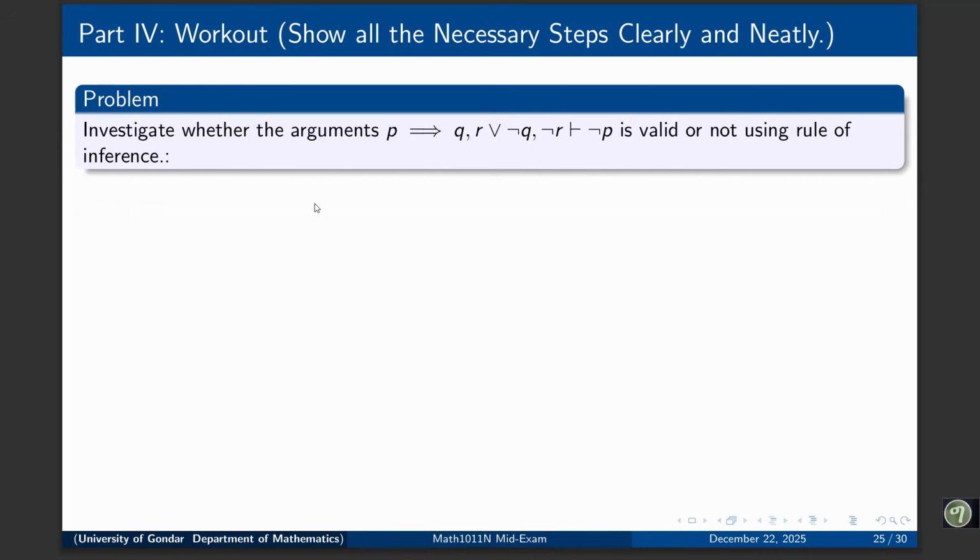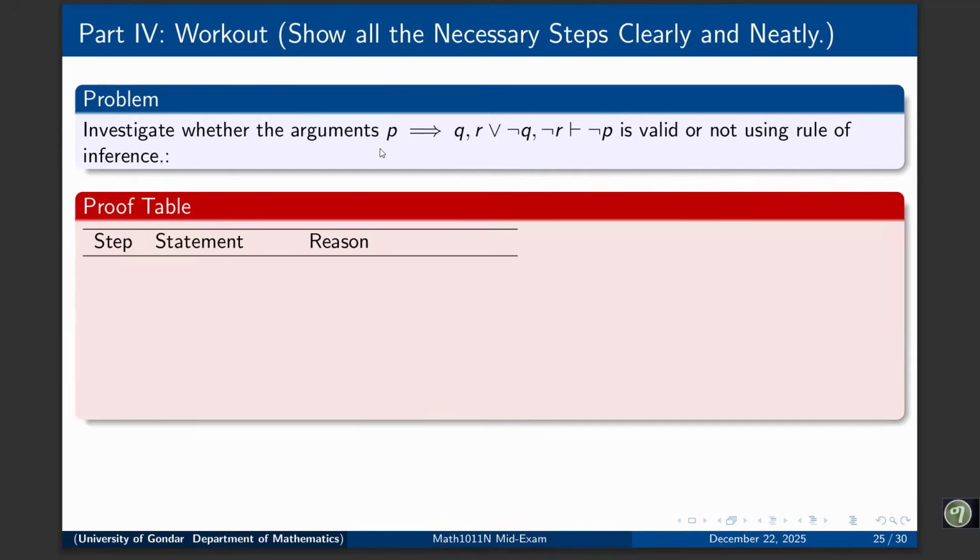What we are asked is to investigate or simply verify the validity of this argument using the rules of inference. Therefore, the solution, or simply the proof, will be done using a table.